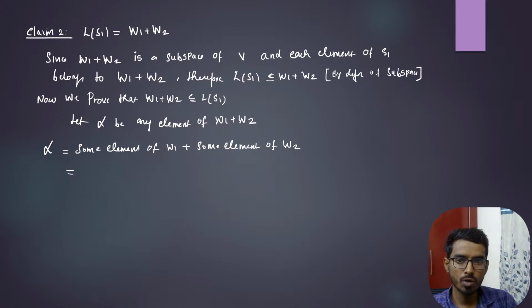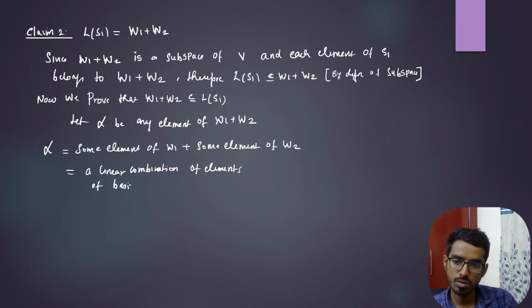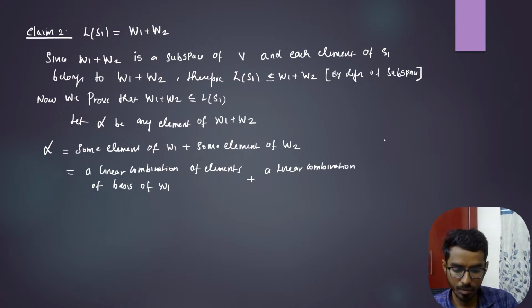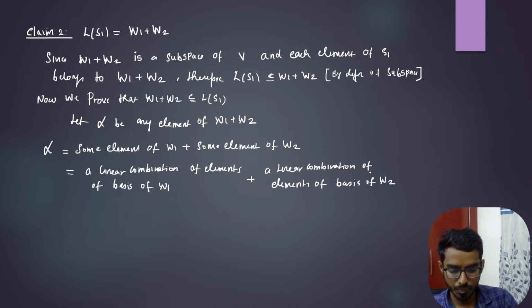Some element of W1 is a linear combination of elements of the basis of W1, plus a linear combination of elements of the basis of W2, right?